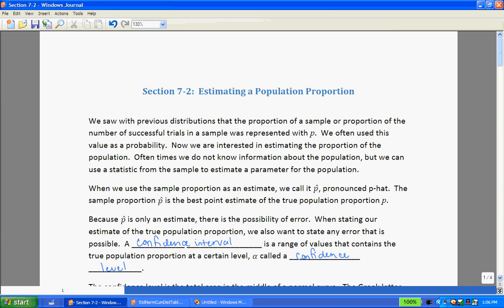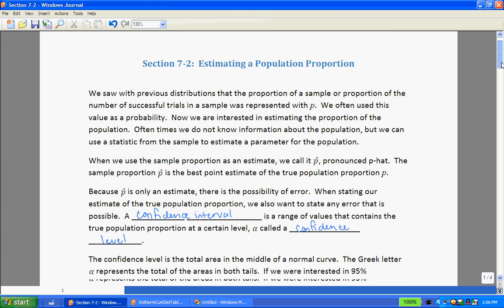So the confidence interval is between this number and this number, and we're saying that that interval contains the true population proportion, which we don't know, but we're pretty confident that it's within this certain range. Alpha is the level of confidence. So either we are 90% confident, or 95% confident, or 99% confident, or maybe only 80% confident. So that's what we'll be looking at in this section.